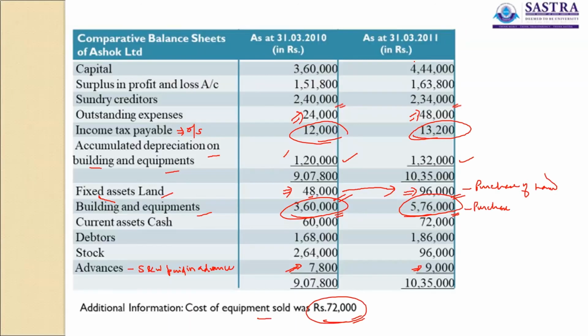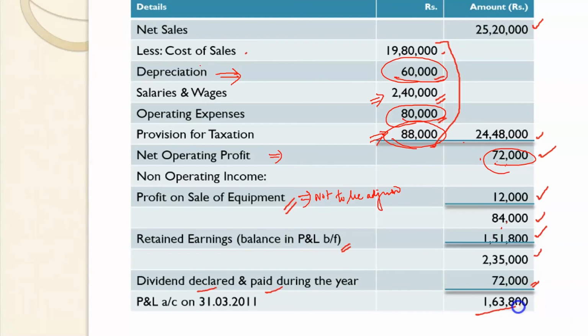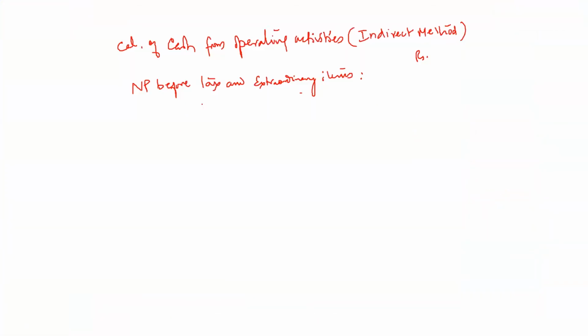So from the P&L account, we observe that the net profit is 72,000, which is after debiting provision for tax of rupees 88,000. So by adding back the provision of 88,000, you get the profit before tax, which will be rupees 1,60,000.